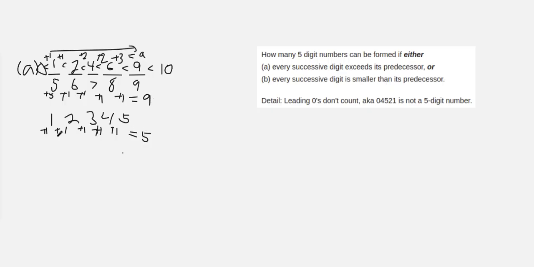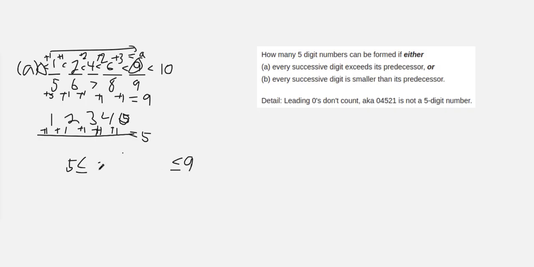So obviously, the sum of all of our pluses is going to get us our last digit. But what's important is that, since this is the smallest number, we have to end up with at least a 5, and we can only end up with at most a 9. So the sum of these numbers is bounded by 5 and by 9.